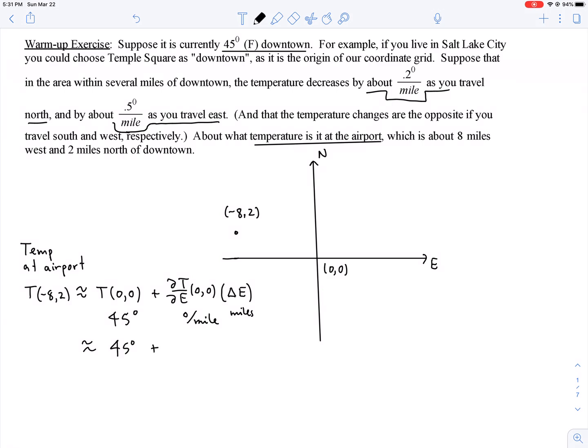Okay, so the rate of change in the east direction is negative 0.5 degrees per mile because the temperature was decreasing in that direction, and the change in the east direction was negative 8 miles. And that's accounted for the temperature change as I'm moving east, but then I still have to move north.